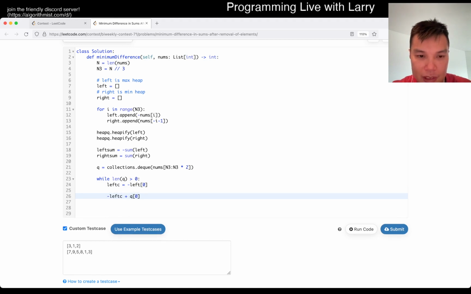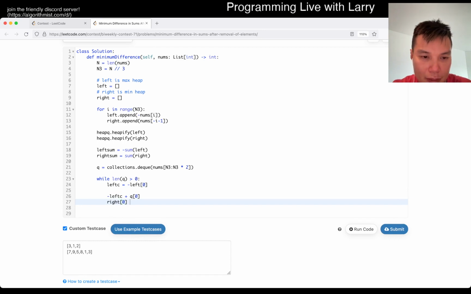So this is the contribution from the left side. And then on the right side, we remove this, and add this.